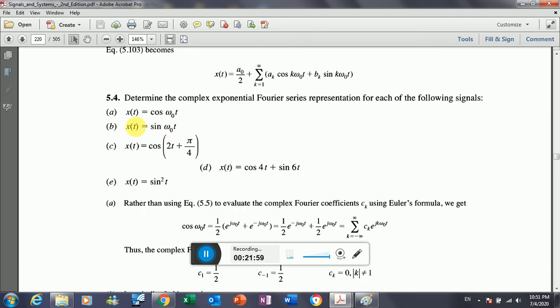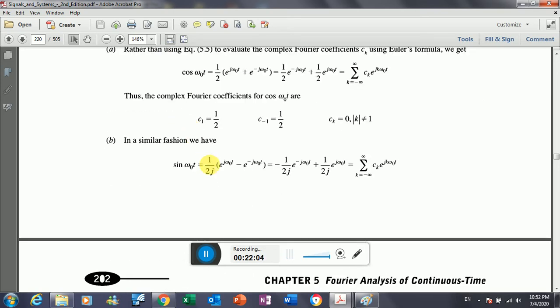The second signal is x of t is equal to sine omega naught t. Similarly, using Euler's identity, the sine omega naught t can be written as 1 over 2j e raised to the power j omega naught t minus e raised to the power minus j omega naught t.